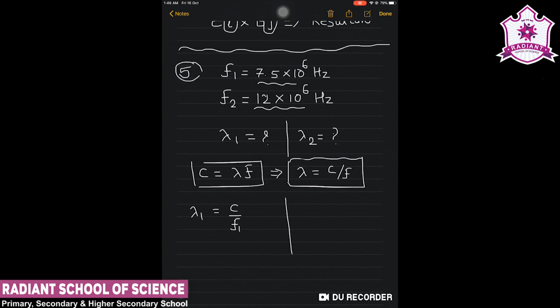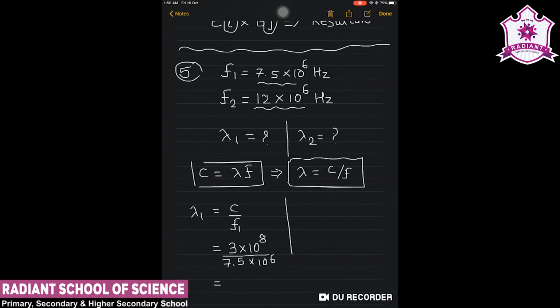Now when we put the value in C by f1, C is known, that is 3 into 10 raised to 8, and frequency 1 is given, that is 7.5 into 10 raised to 6 hertz, that is in the megahertz range.